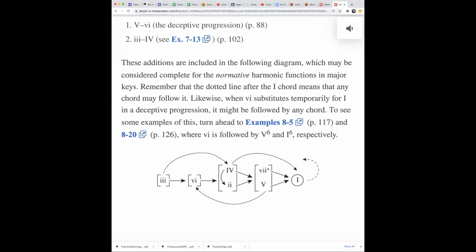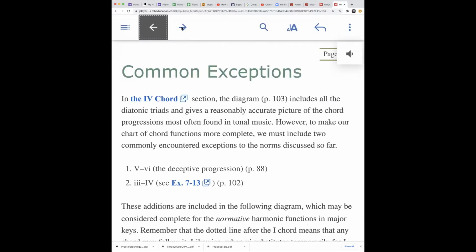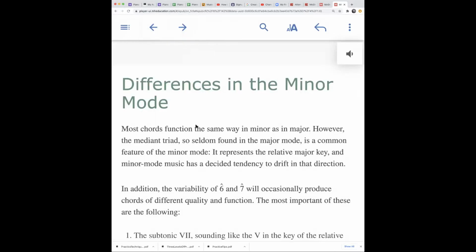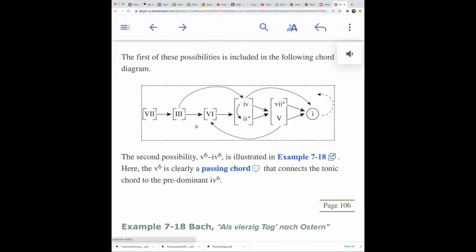Yep. Is there a chart for minor? There is a chart for minor. It is on the very next page. And there it is.